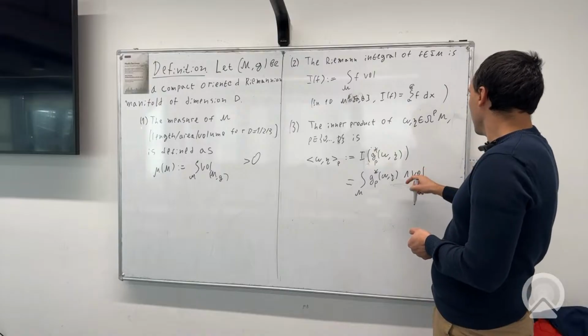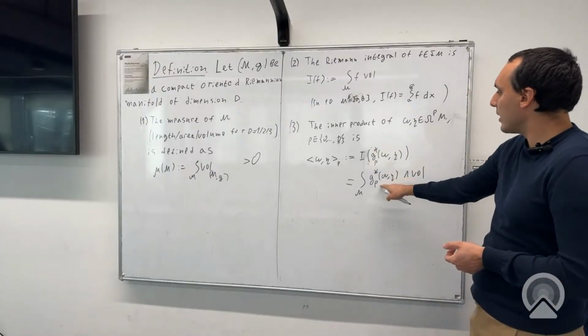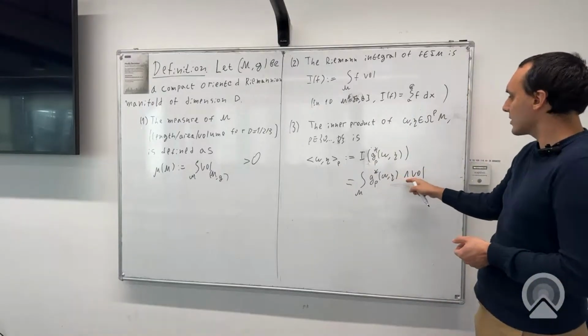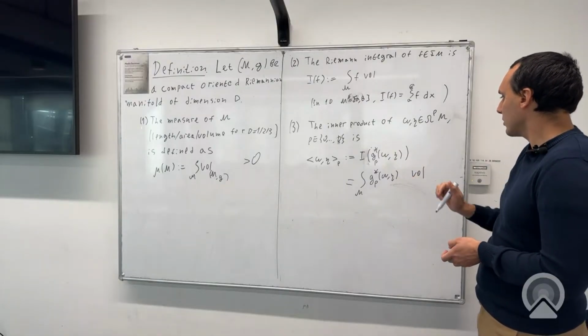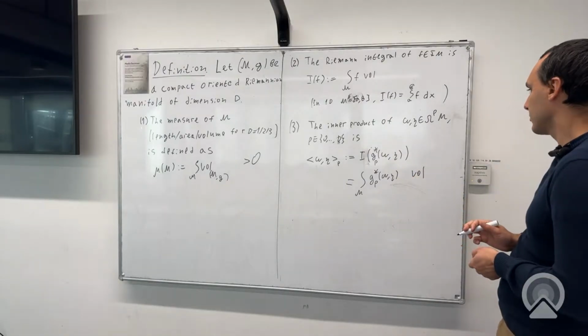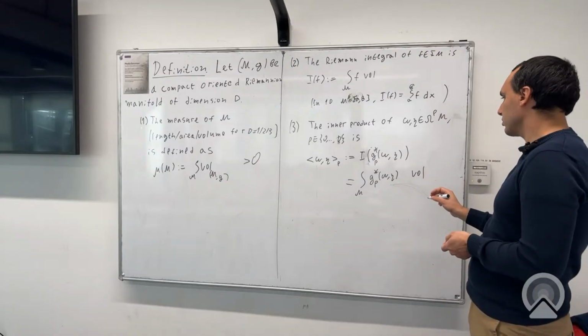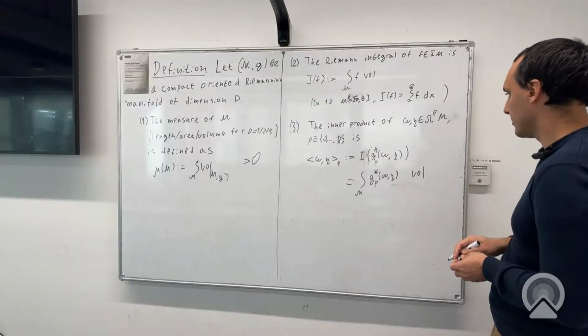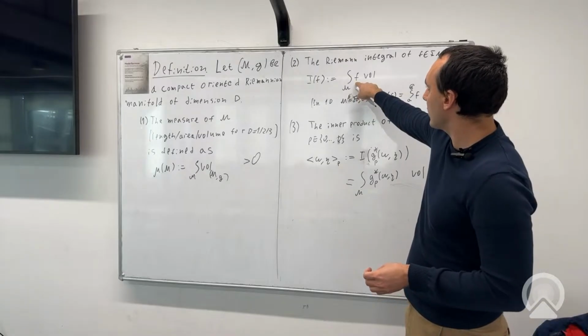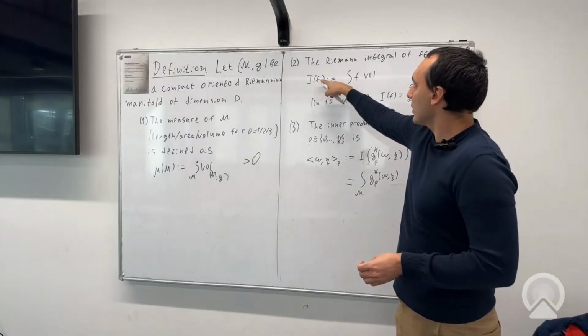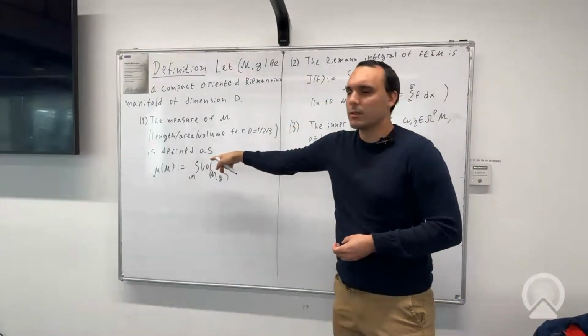Maybe not. When you multiply a function with a form, it's the same as wedging it, so I can write it without a wedge. Doesn't matter. Note that if f is the constant one, the integral of 1 is the area, the measure.